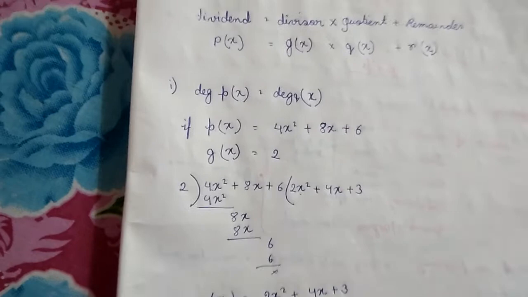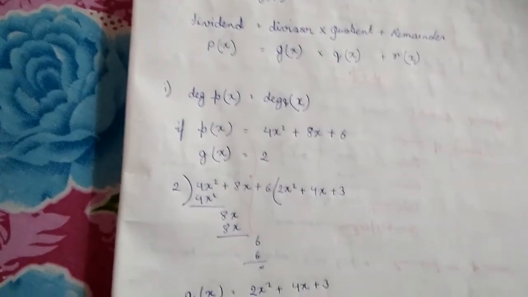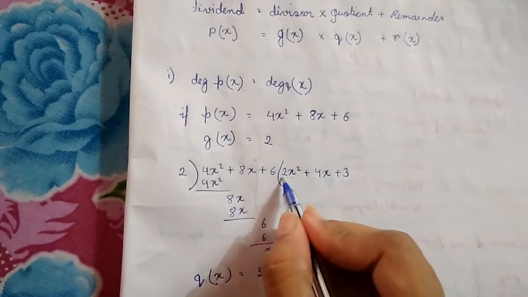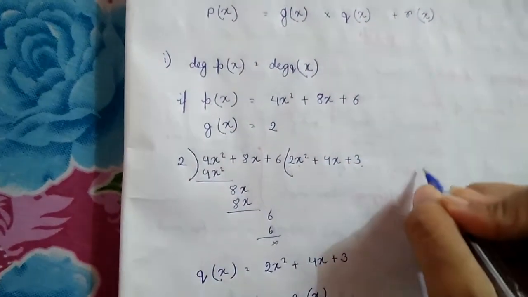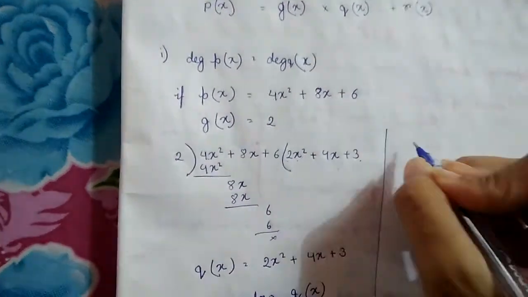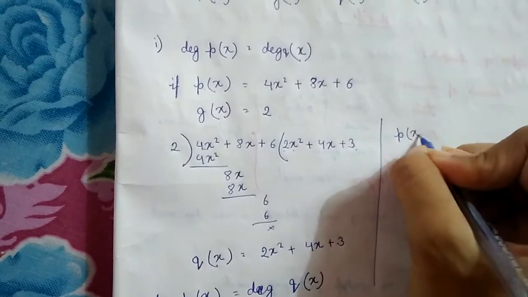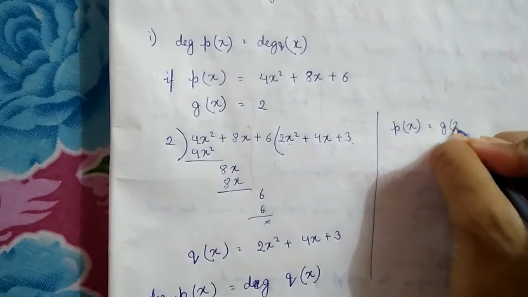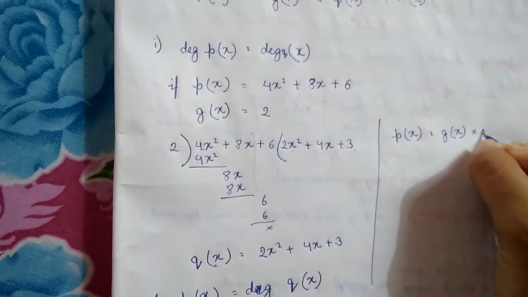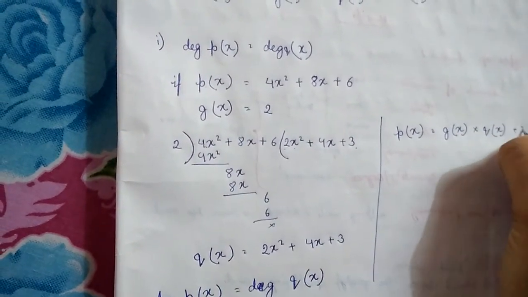You can verify it by multiplying quotient into divisor, because we know that p(x) must be equal to g(x) into q(x) plus r(x).